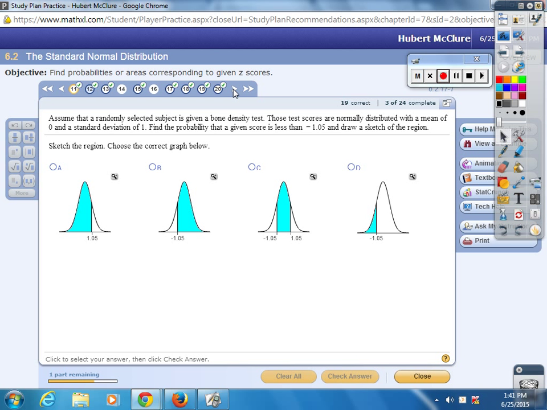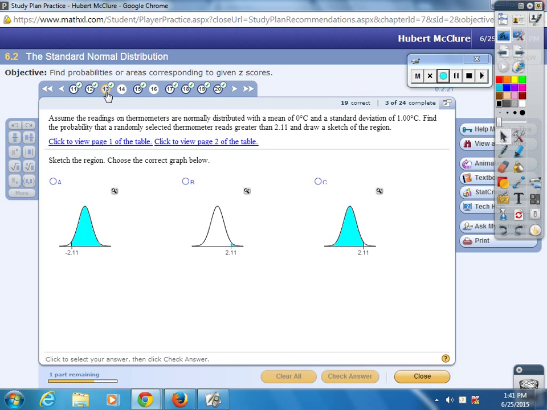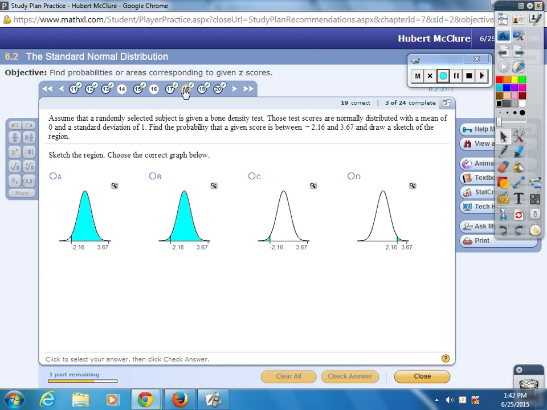I'm trying to find a certain problem that you're going to run into while you're doing homework. There it is. All right. It says, assume blah, blah, blah, bone density test. These test scores are distributed with a mean of 0 and standard deviation of 1. Find the probability that a given z-score is between negative 2.16 and 3.67.